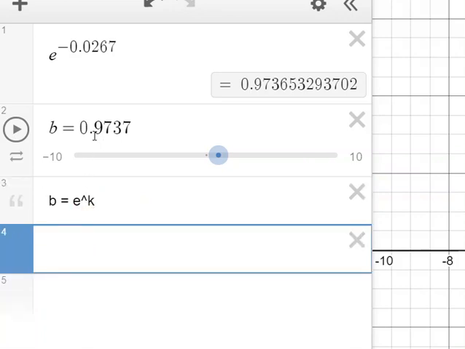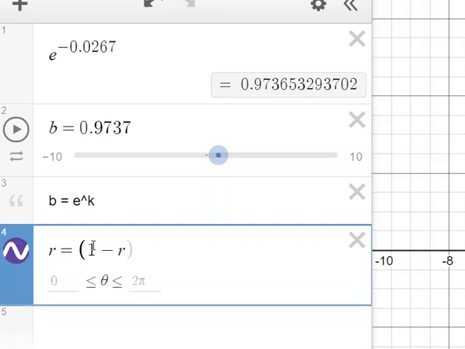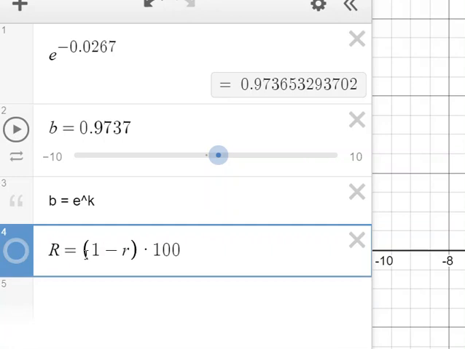Now, once we know b, we can use that to find r, and we know that r is equal to 1 minus b, since this one is a decay, and then we would multiply this by 100 because we would want to make it a percentage. I'm going to make it compute this for me, so I'm going to call it capital R, and then I should have put a b there.